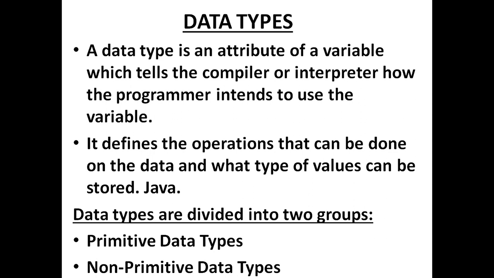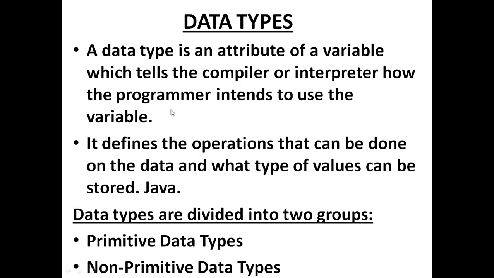Before telling primitive and non-primitive data types, first of all, what are data types, how do they work, and how are they performed? Okay, I will show you data types. A data type is an attribute of a variable which tells the compiler or interpreter how the programmer intends to use the variable.